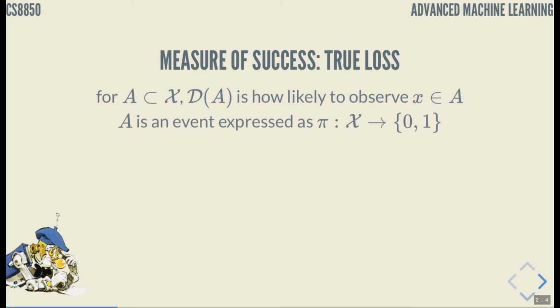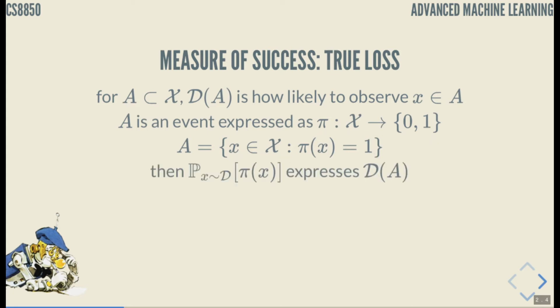That is, an event either happens or not, which we just formalize by saying that A is a set of such samples x in our domain chi for which our indicator function is 1. That's clear, right? Nothing interesting there.